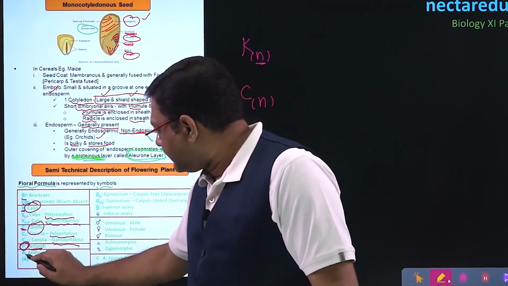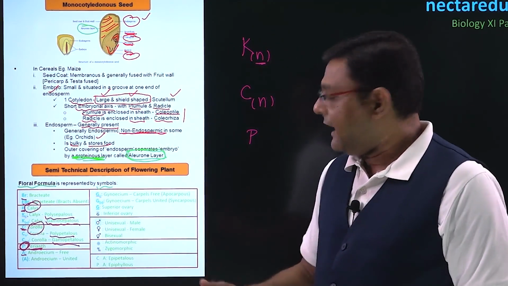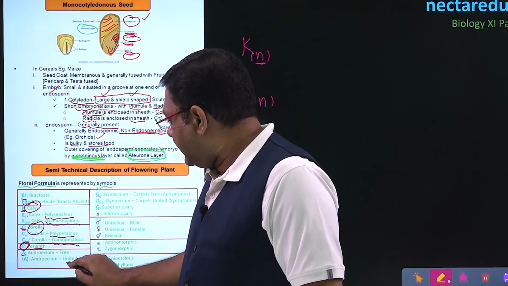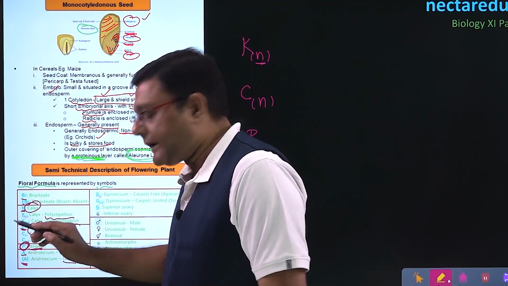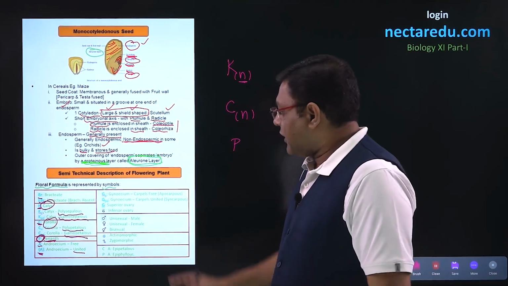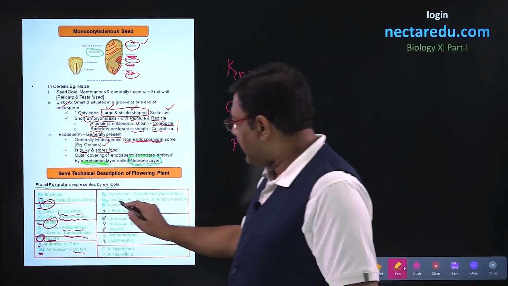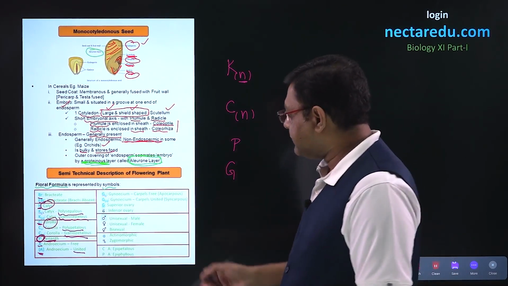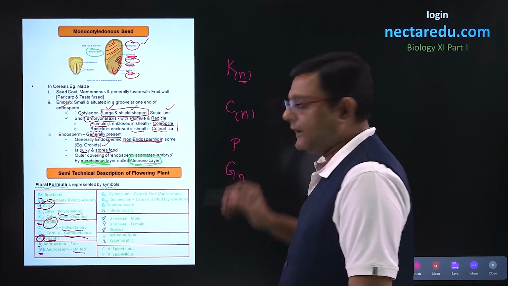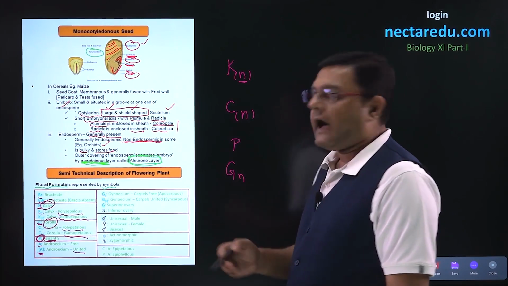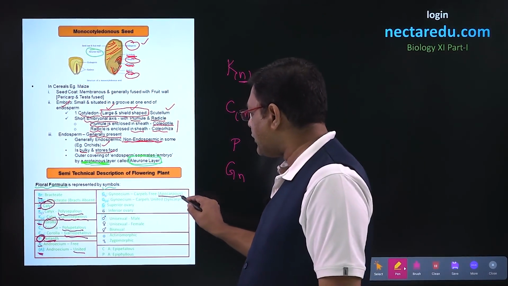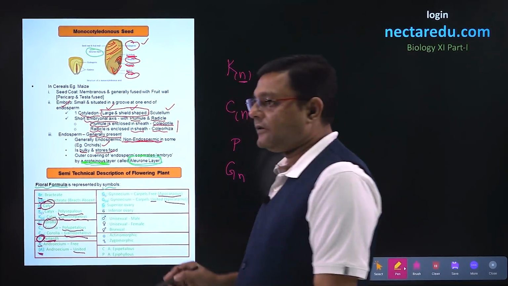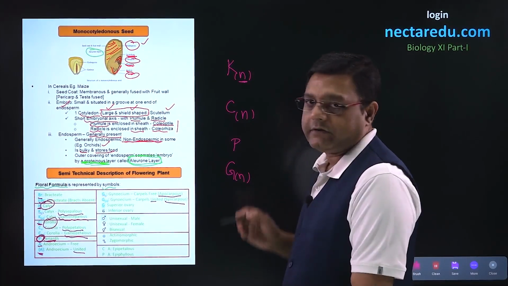Androecium is depicted by the symbol A, and if the androeciums are free, the stamens are free, we do not put the bracket, and if stamens are united, we put the bracket around A. If we talk of the gynoecium, then in the case of gynoecium, we use the letter G, and the number of carpels which are present is represented by N. Now, if the carpels are free, that is, the condition is apocarpous, we do not put the bracket, and if carpels are united, the condition is syncarpous, we put the bracket around it.